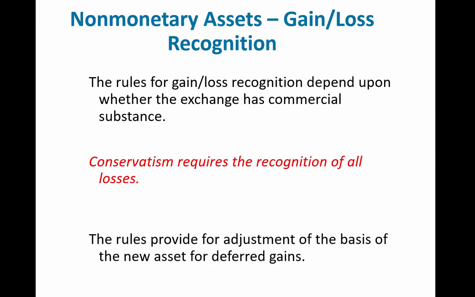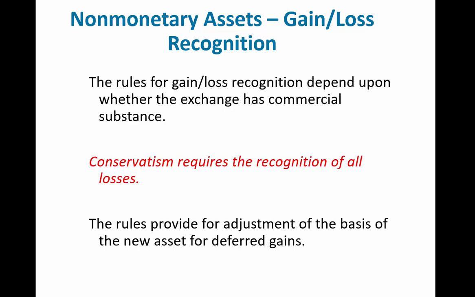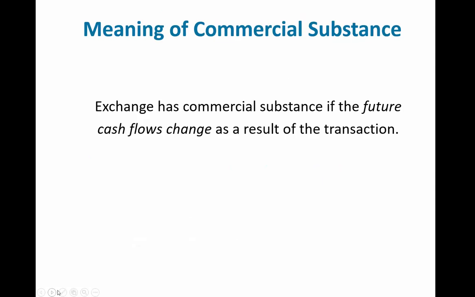But if there's a gain, sometimes we're not going to recognize the gain and instead record a lower amount for our asset. So how do we define commercial substance? Well, if the cash flows in the future change as a result of the transaction.